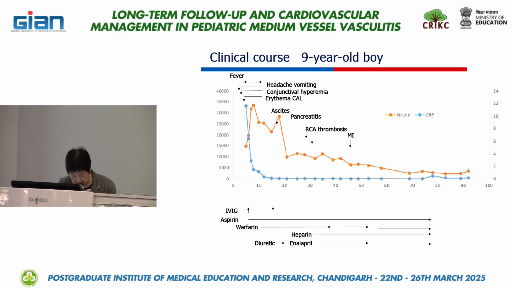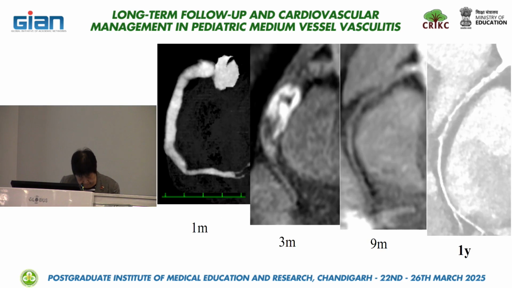Clinical course of a 9-year-old boy with IVIG resistance is shown. He had thrombus in the RCA. In this patient, CTA and MRA are shown.